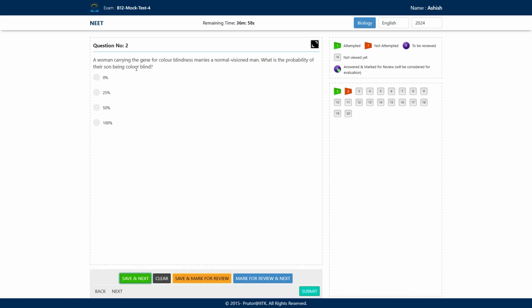So remember, colorblindness is an X-linked recessive disorder. Okay, it means it is linked to the X chromosome, and it is recessive, means this color blindness will only appear in homozygous condition. Okay, so what will be the answer? 0%, 25%, 50% or 100%?